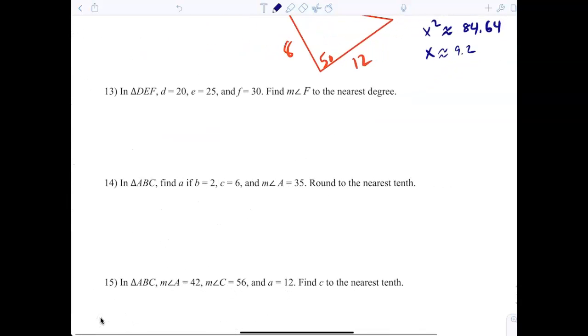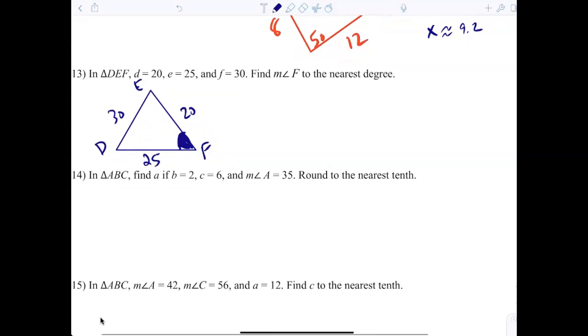All right, let's draw another triangle, DEF. Side D is 20, side E is 25, side F is 30. So we're looking for angle F. So obviously we're going to be using law of cosine.